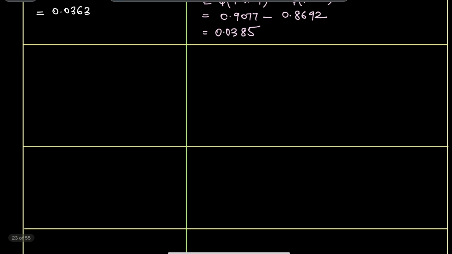In case of Poisson, your second question can come up where you need to calculate probability of x greater than 29 and less than 31. You can see in this question that x is greater than 29 and less than 31.